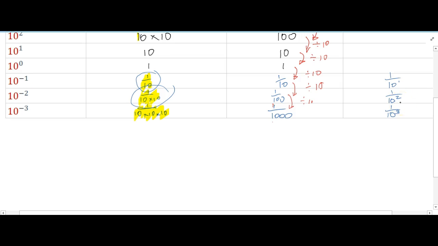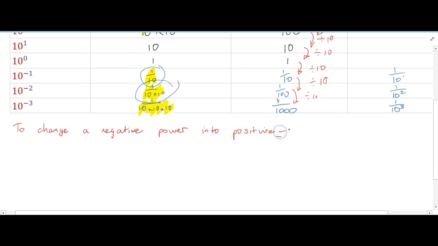To put it into words, to change a negative power to positive, we flip, we take the reciprocal, it's called, and make the power positive.